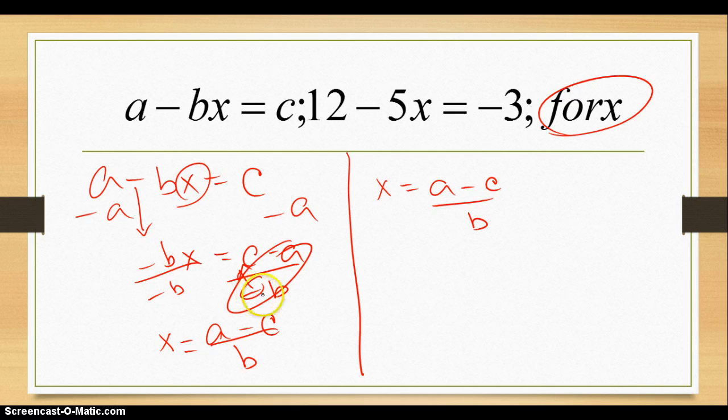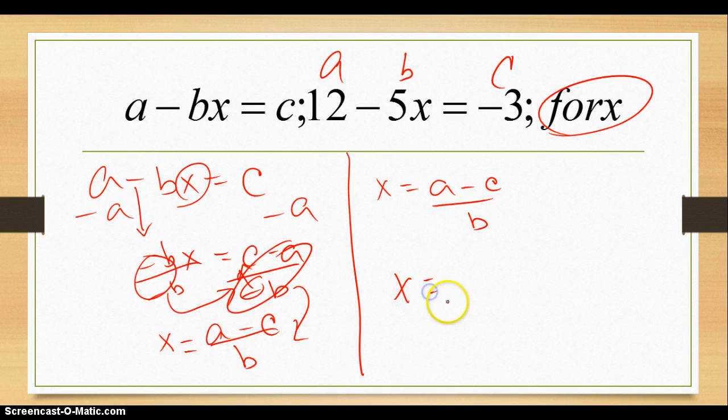The negative sign on this b is very important. It switched how things were ordered in this equation, so go back and watch that if you need to see it again to understand how I got a minus c over b. Now plug the information in. We know this is a, this is b, and this is c.